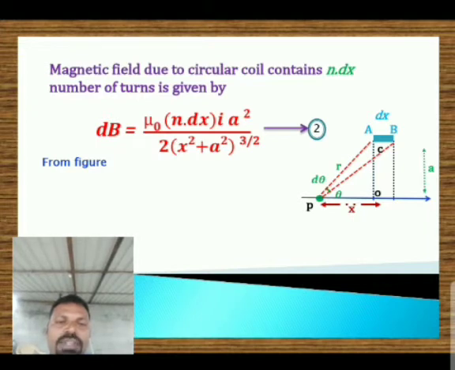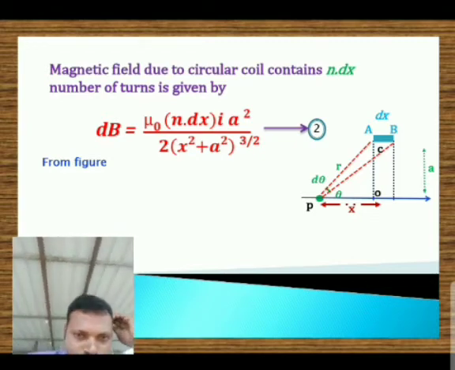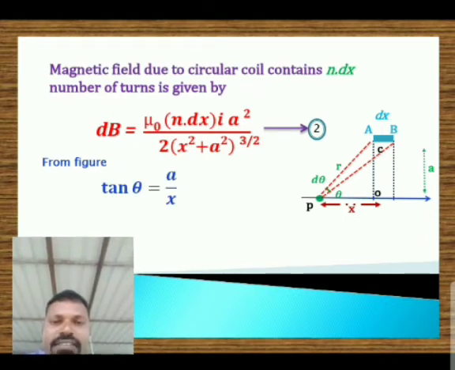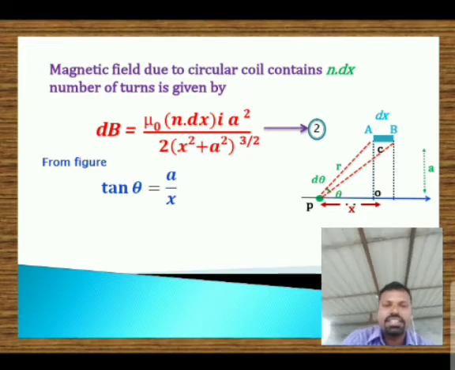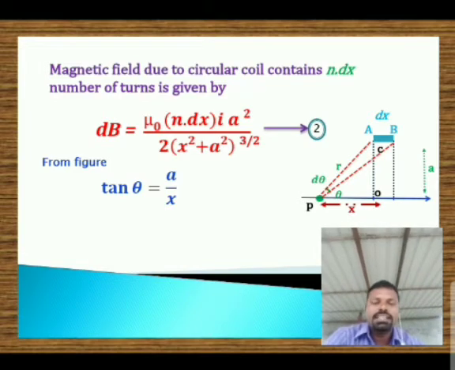Now again observe the figure. The distance between P and O is x, the distance between P and A is r, and the angle between x and r is theta. Find tan theta: opposite by adjacent, tan theta is equal to a by x.